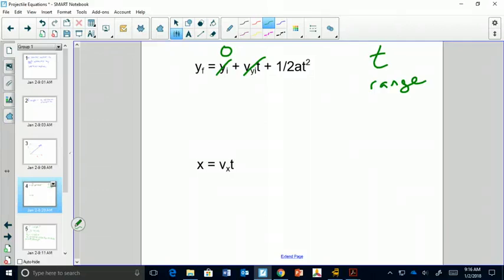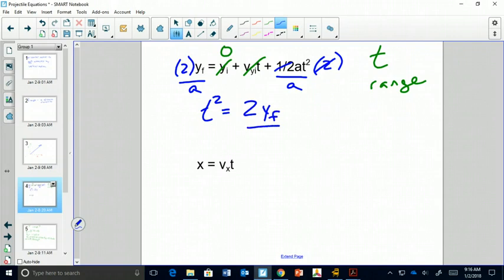Okay, so can we solve and get this t by itself? Can I multiply this by 2 to get rid of this half? Are you okay with that? Can I divide this by a? We cool with that? So I end up with t squared equals 2yf over a.